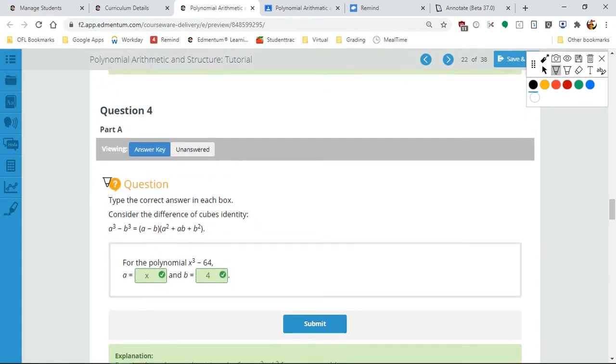Now we're going to do difference of cubes. Same thing. If we can take the cubic root of x cubed, these two basically cancel out because it's 3 over 3. That's just a 1.